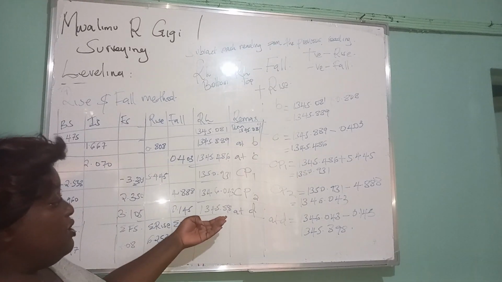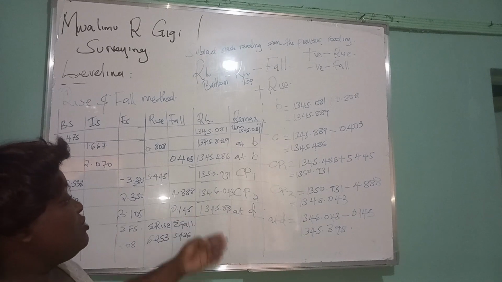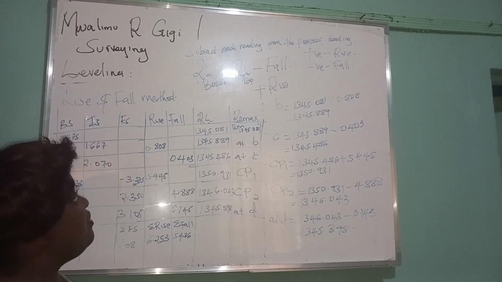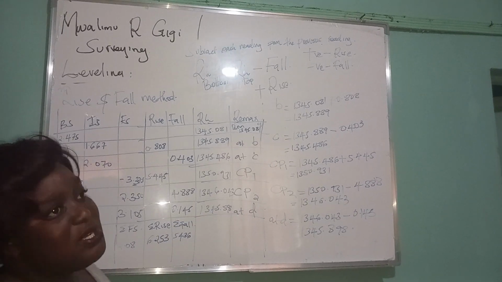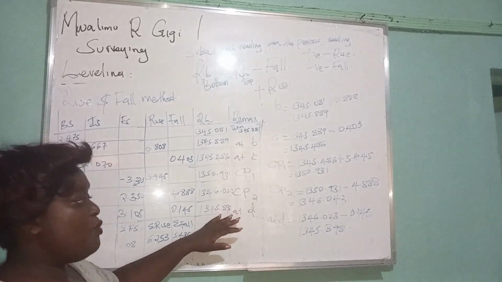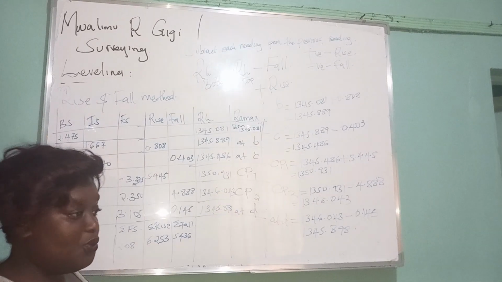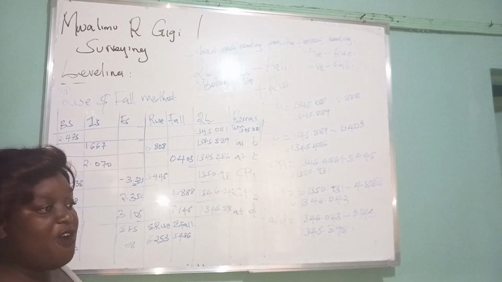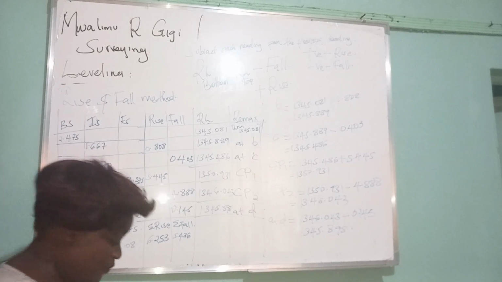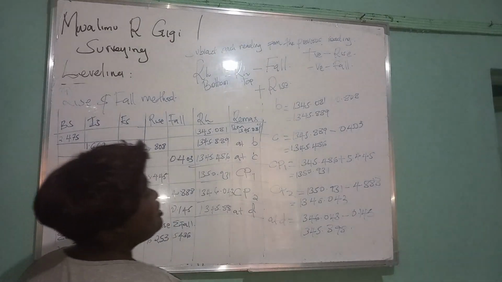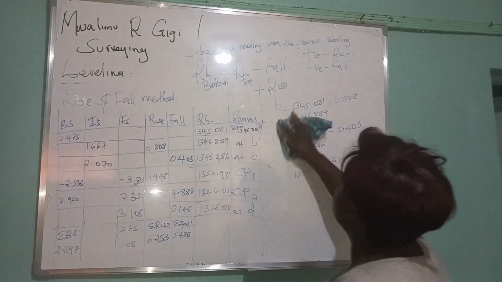We have reduced our level using the rise and fall method. We want to check if we have done things correctly, so we want to perform the arithmetic checks.